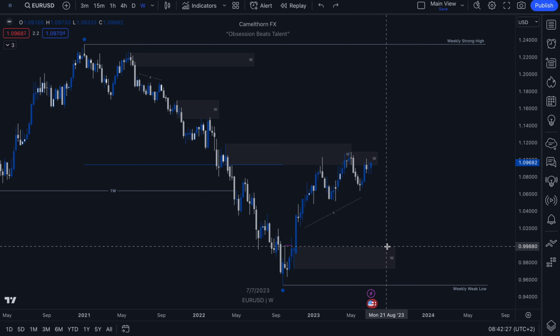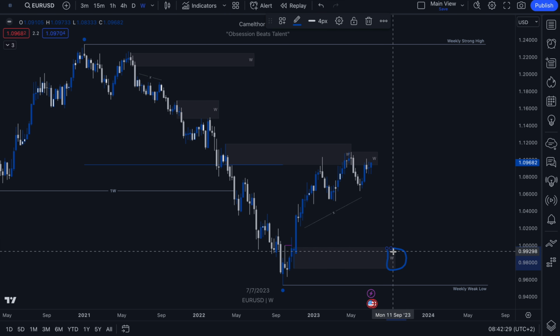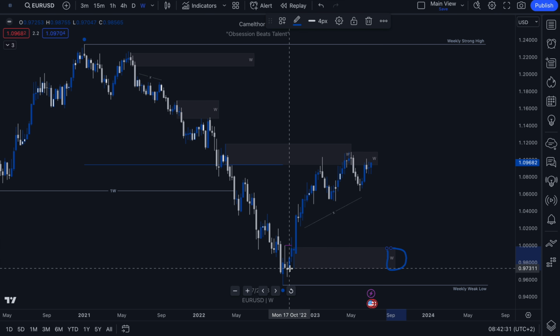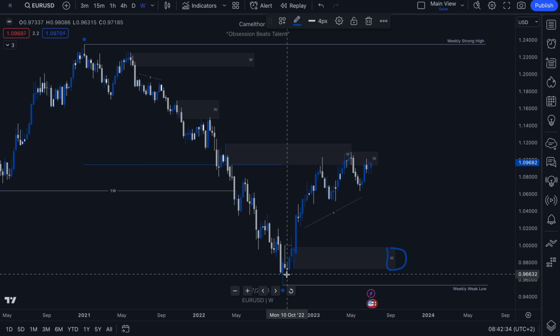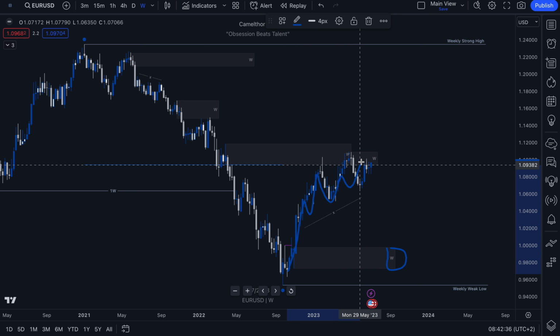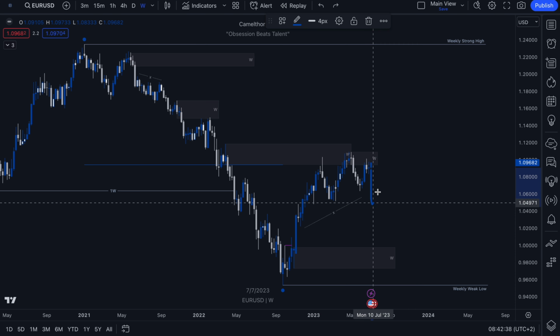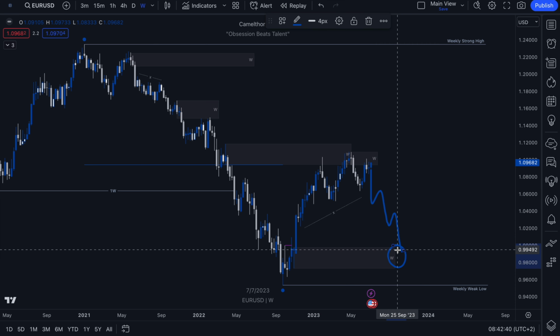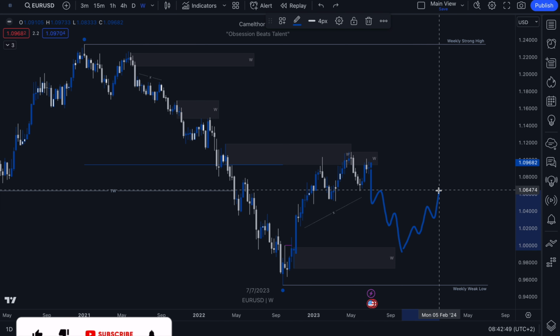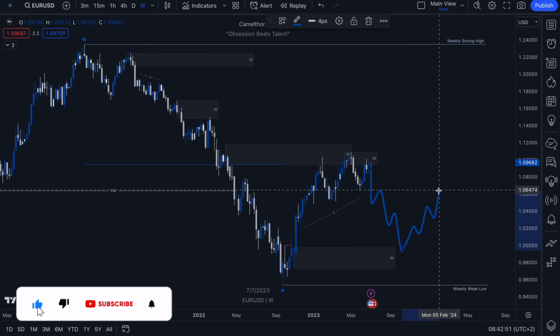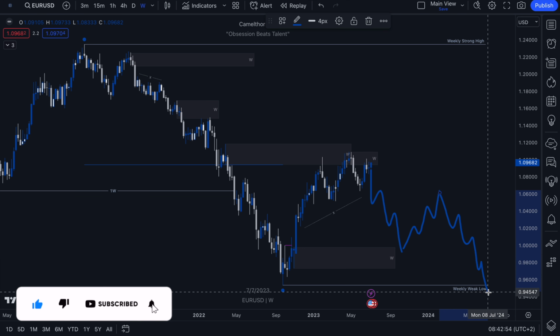Now, because this demand zone is essentially a previously unmitigated area when price action was trading bullish, by the time price action comes back to interact with the zone, we can regard it as a potential reaction point. And what that means is we can anticipate price action to give us potentially a short-term bullish reaction before that bearishness continues, right?